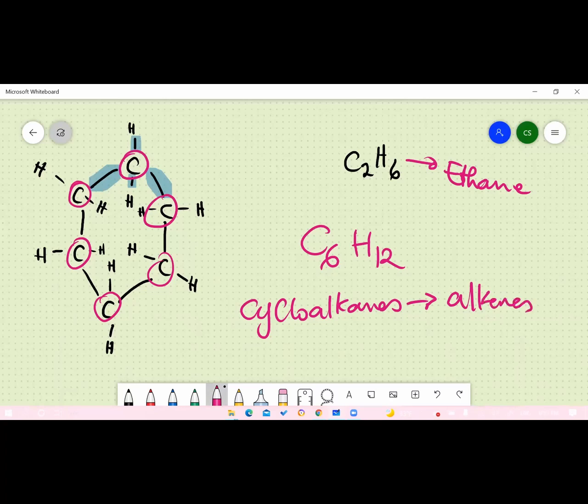The general formula is CnH2n, where n is a positive integer, meaning a positive whole number.